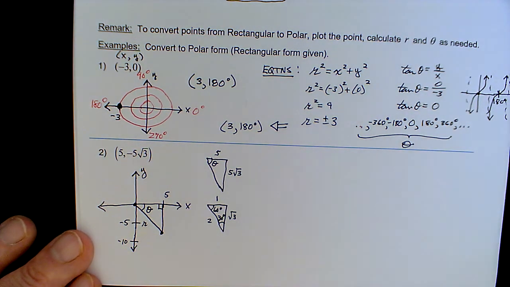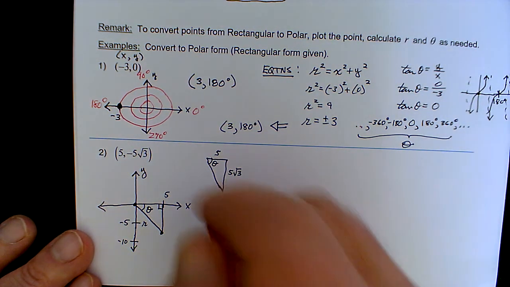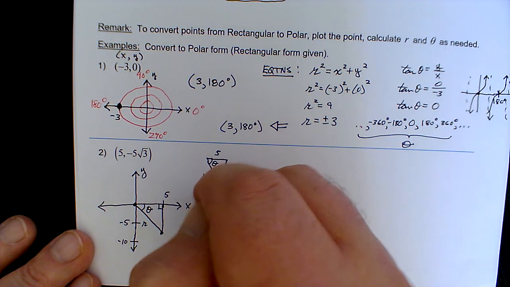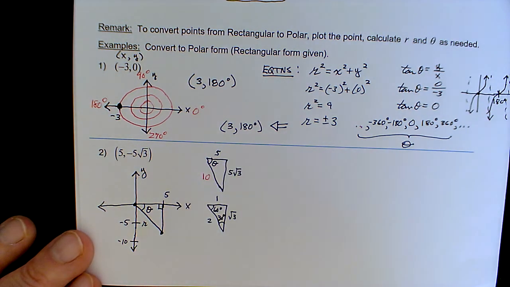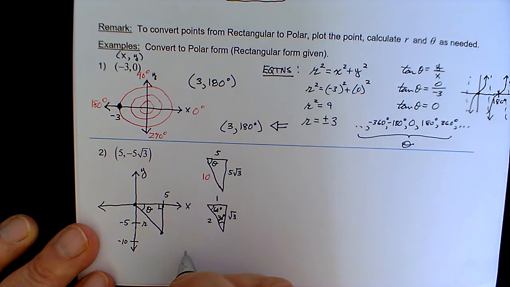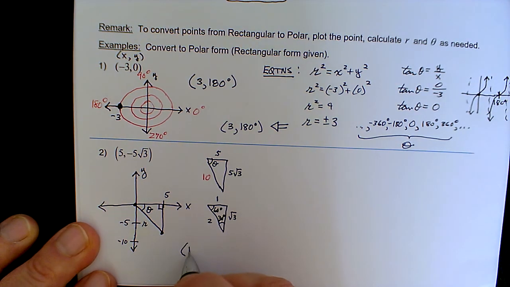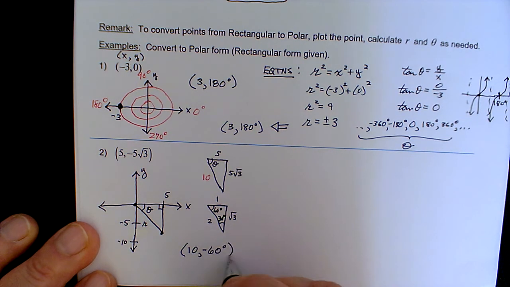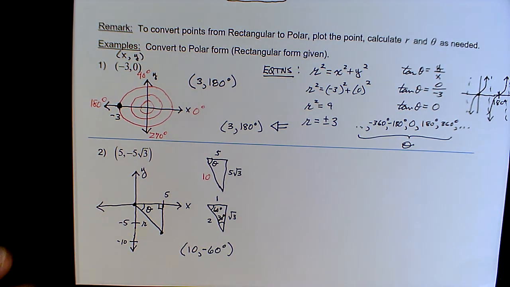And so you could discern that since this hypotenuse is 2, this must be 10. And similarly that the angle must be 60 degrees. So you could see that this is 10, and I guess we'd have to say negative 60, right? And then if you wanted to convert that to something that has a positive angle, that's fine.